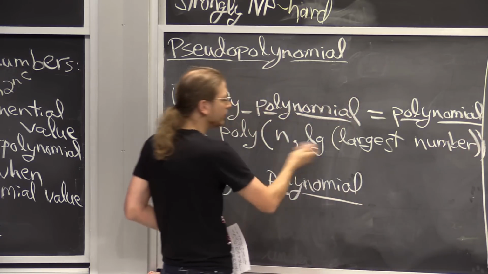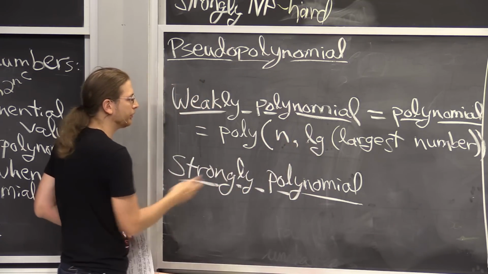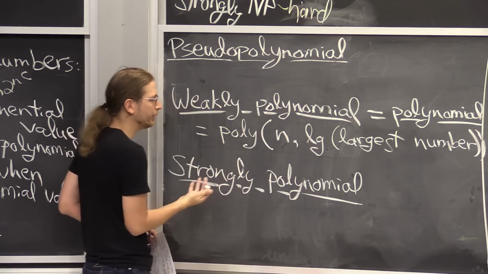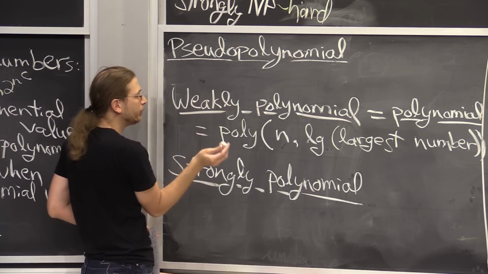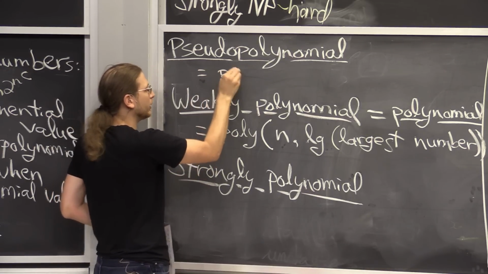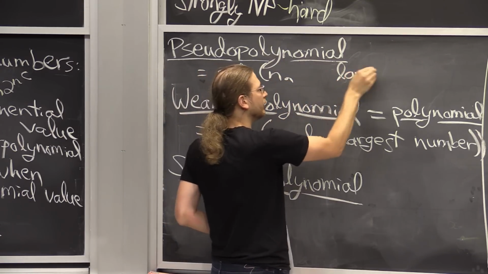Okay, that's a reasonable encoding size. You write them in binary. You add them all up. So you multiply that by n or whatever. The polynomial in that value is weakly polynomial. Pseudo-polynomial, you omit the log. Okay, so I want polynomial in n and the largest number.